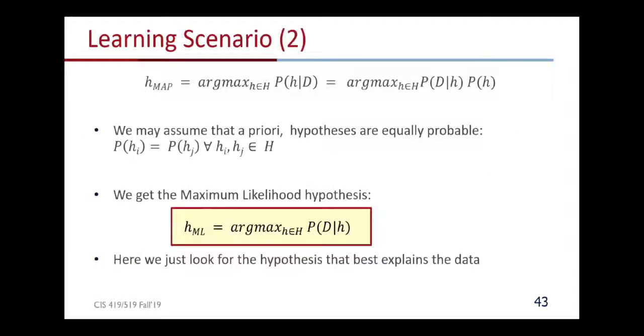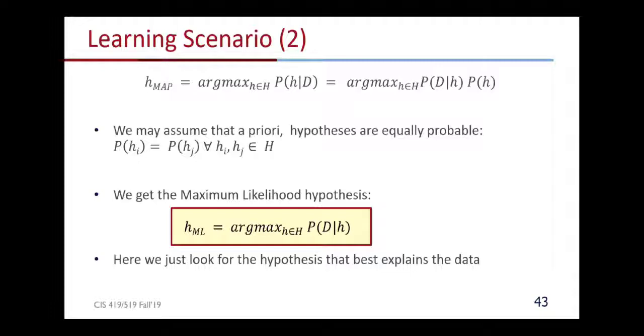We also looked at the case of uniform hypothesis, which is called the maximum likelihood hypothesis, where we don't have any priors, and we choose the hypothesis that maximizes the observed data. The rest is applications of this, and we're going to apply it in multiple ways.